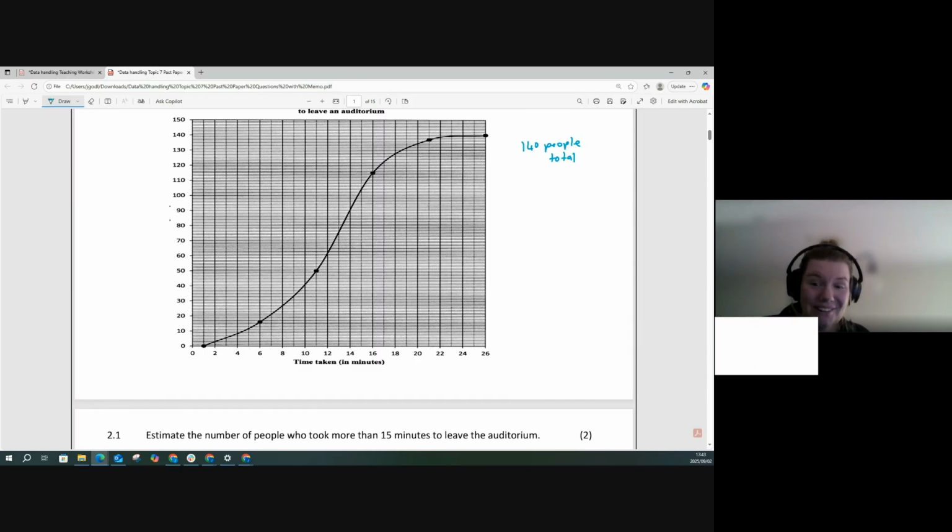So yeah, we're getting closer now. If we want to look, this is 15 minutes. Okay, so then we're going to try and get the equivalent on the side. And that takes us to about 100. And so we're asking how many people took more than 15 minutes. So it's all of these people who took more than 15 minutes. So I'd say 40 is a good range.